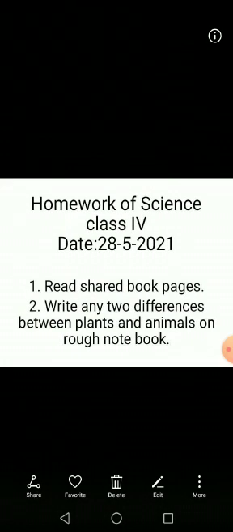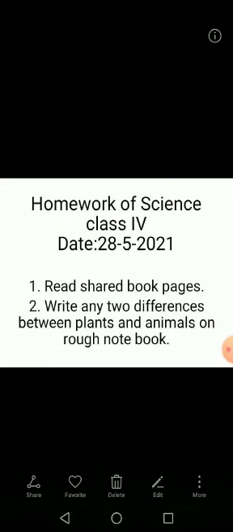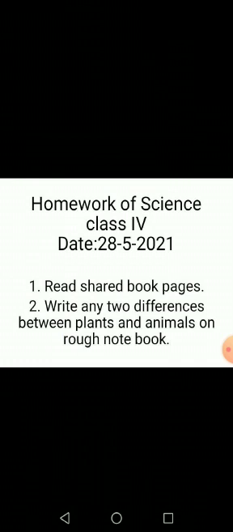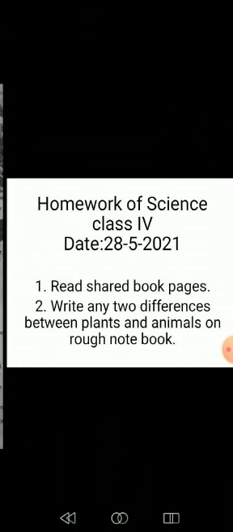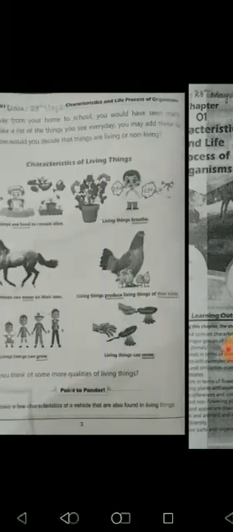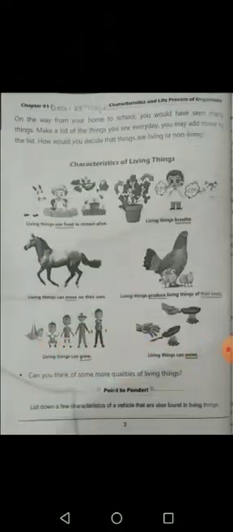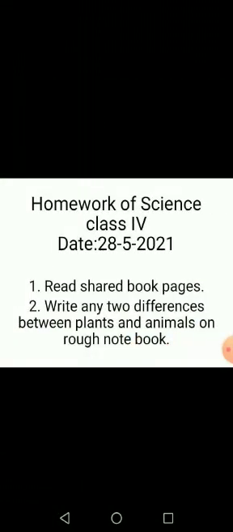Clear? Okay, now I'm going to tell you about today's homework. You have to read the shared pages. Your shared pages are 1, 2, 3, and 4. These 4 pages you have to read. And the second question is, write any 2 differences between plants and animals in your rough notebook.